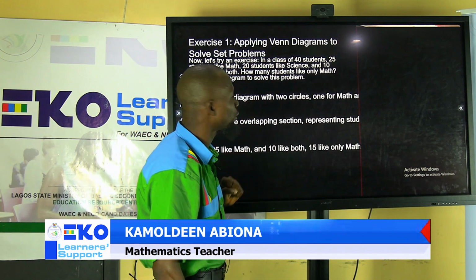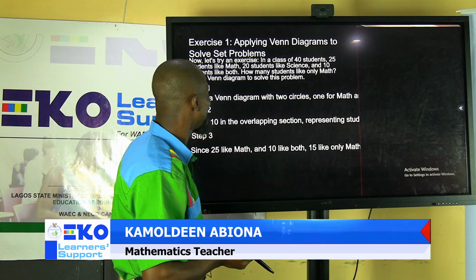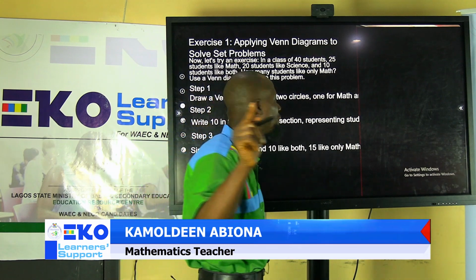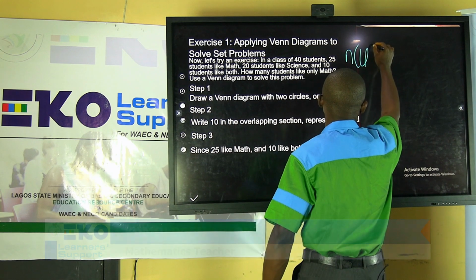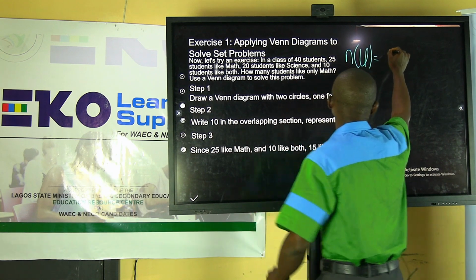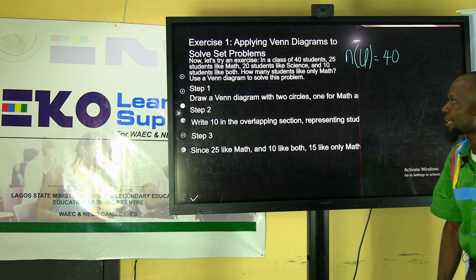Now, in a class of 40 students, how do you represent that? That's the cardinality of the universal set. This is the universal set, remember? So that is 40. 25 students like mathematics.